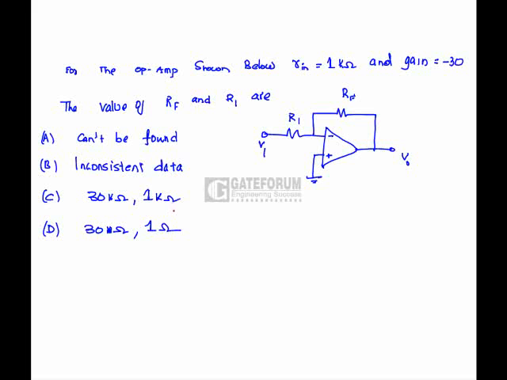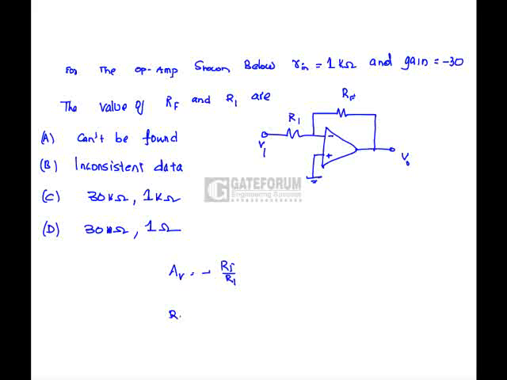Shown below, which has an input resistance of 1 kilo ohm and a gain of minus 30, the value of feedback resistance as well as R1. We know that the gain is minus RF by R1.